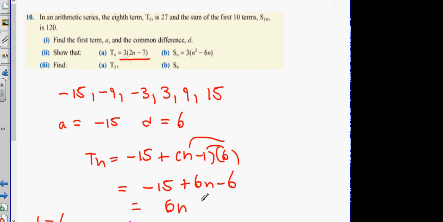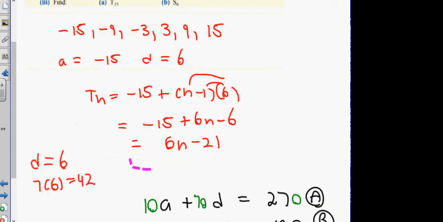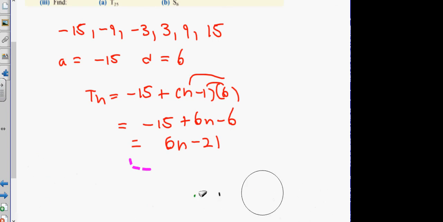Then you get 6n minus 21. It still doesn't look quite like the answer I have on the board. Can anybody suggest how to fix that? Factorize. What's the biggest number that divides into 6 and 21? 3. You divide by 3, and what you'll get is 3 brackets 2n minus 7. That's how you do that question there.